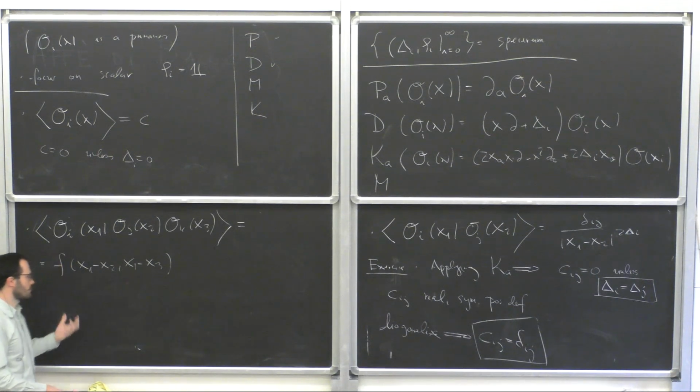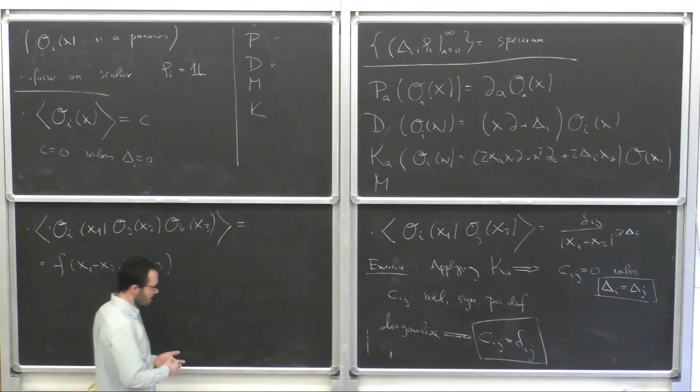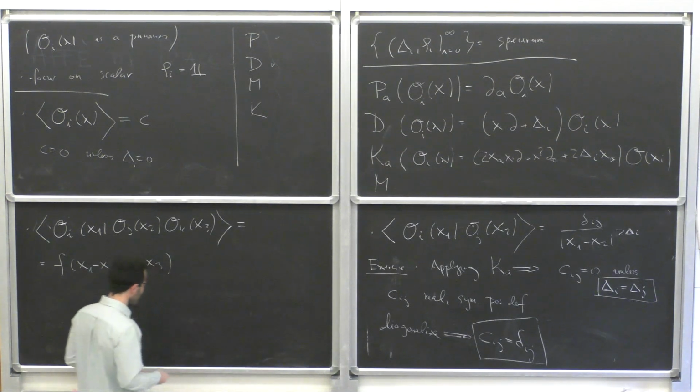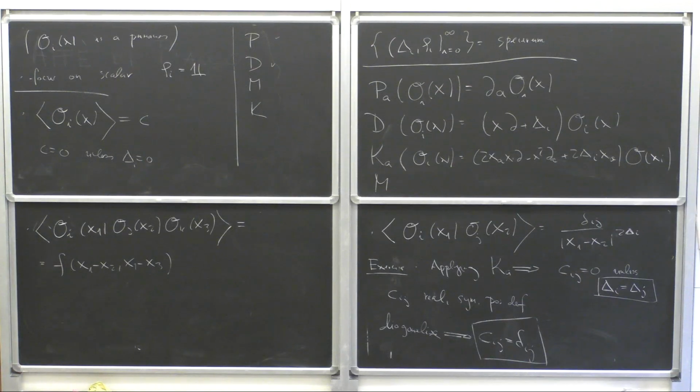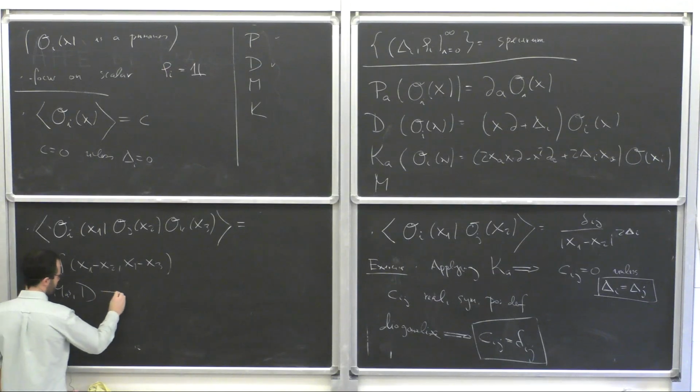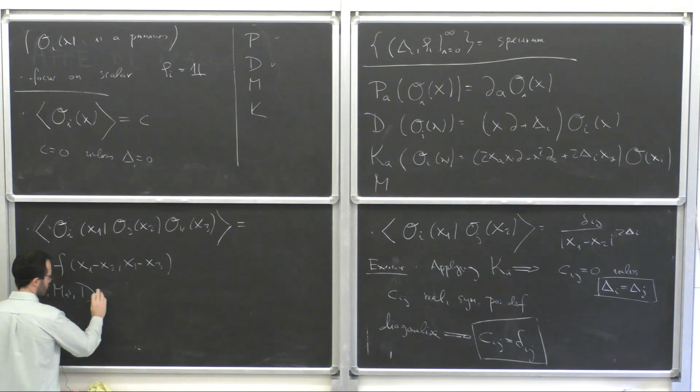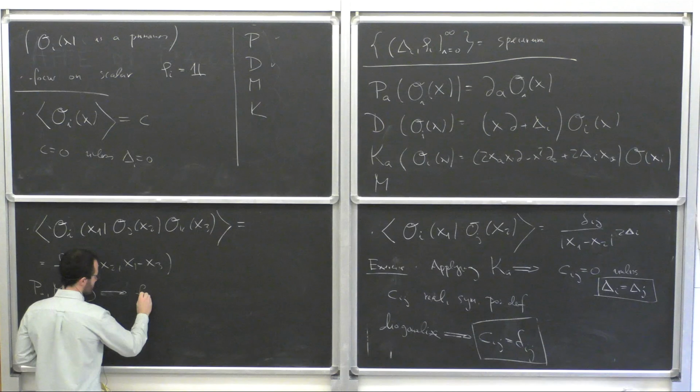So basically, it has to depend on 3 numbers. It's a function of three variables. Now, if you use scaling, that eliminates one of those variables. So using P, M, and D, you can reduce to a function of 2 variables.